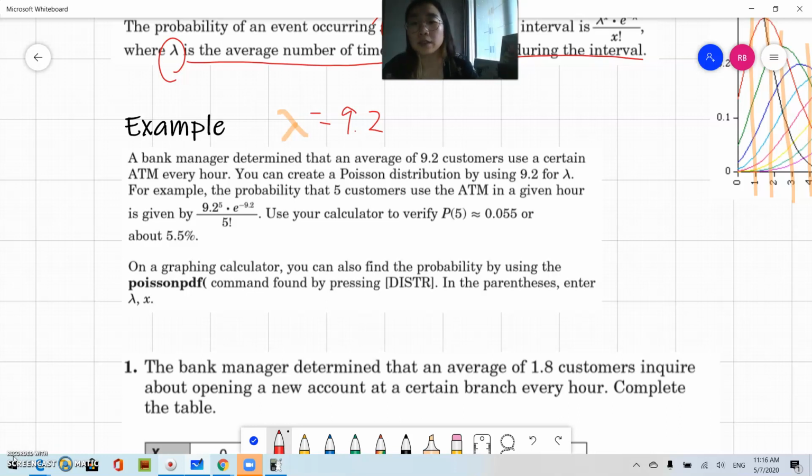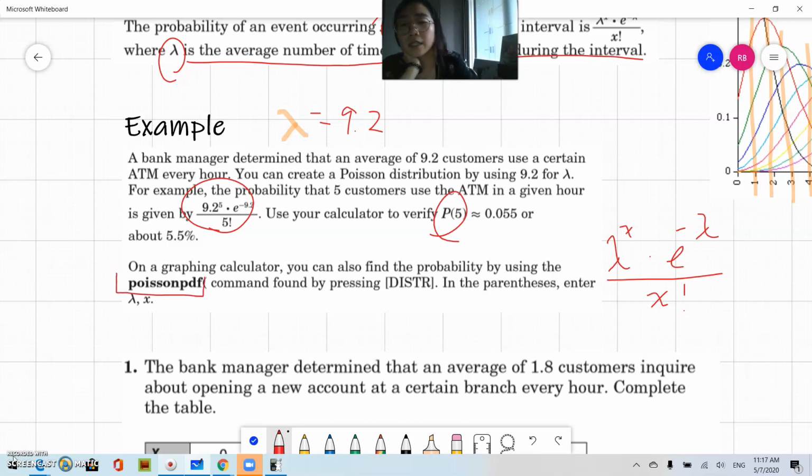So you plug into the formula. Lambda was 9.2, and x was 5. e to the negative lambda over x factorial. You got P of 5 being 0.055, meaning 5.5%. So there's about a 5.5% chance of 5 customers using this ATM in a given hour.